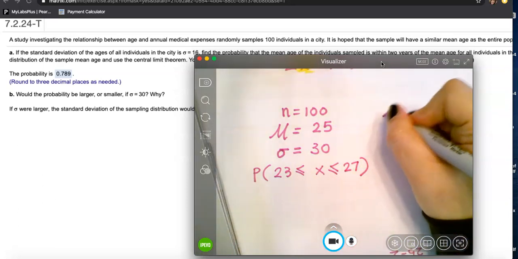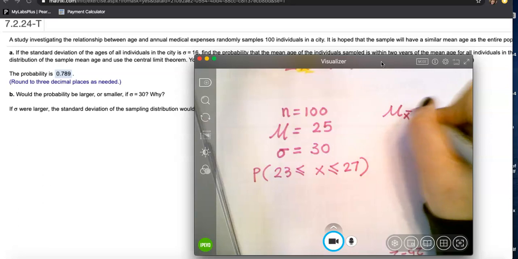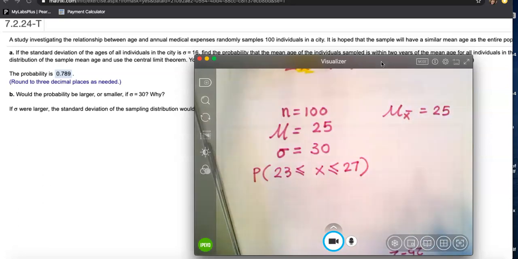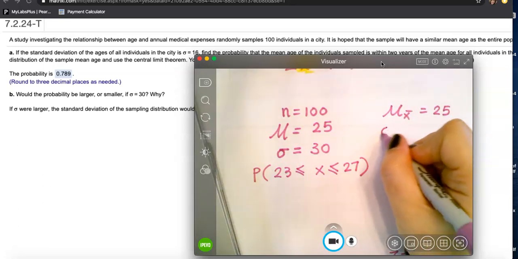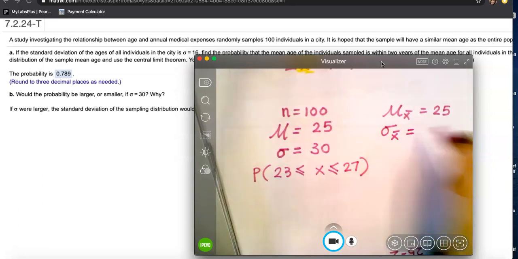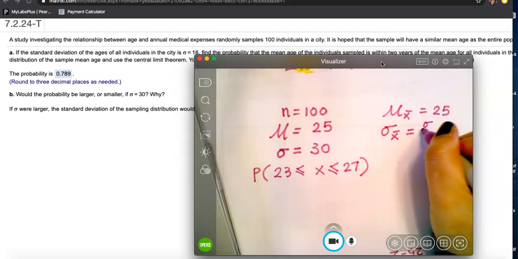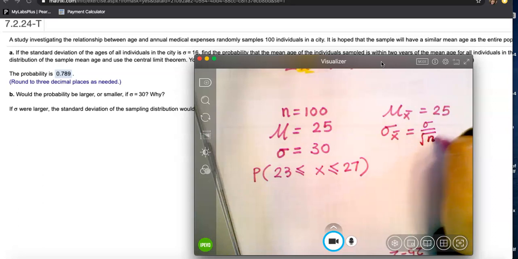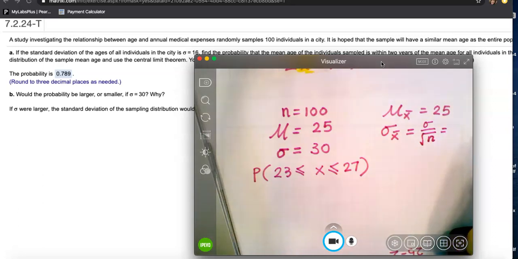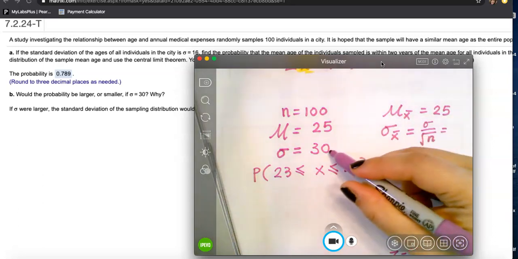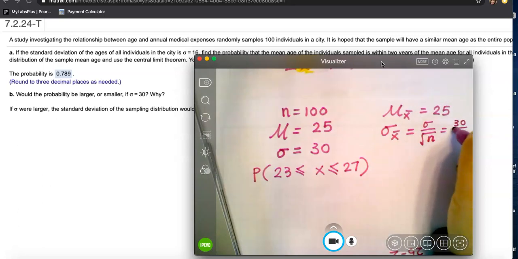But our mean of the distribution, while that one stays the same as 25, our standard deviation for the sampling distribution of sample mean will change. Same formula, but on the numerator, instead of 16, we're going to use 30. 30 divided by square root of 100.